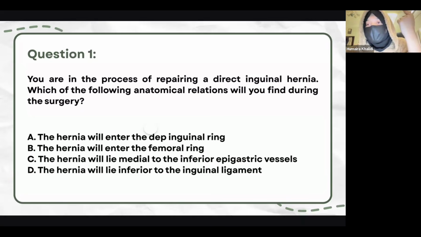You just said that the Hesselbach triangle's lateral border is the epigastric vessels. However, think about it this way, guys. The hernia is going to be here, medial to the inferior epigastric vessels. That's right, the hernia will lie medial to the inferior epigastric vessels.